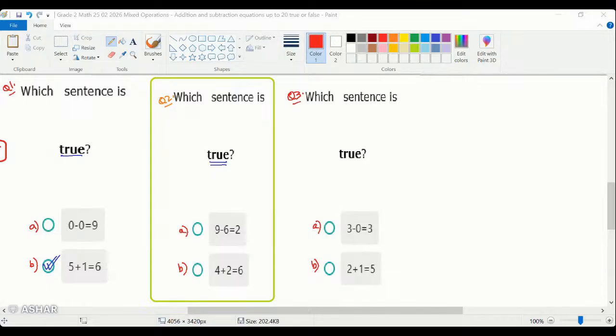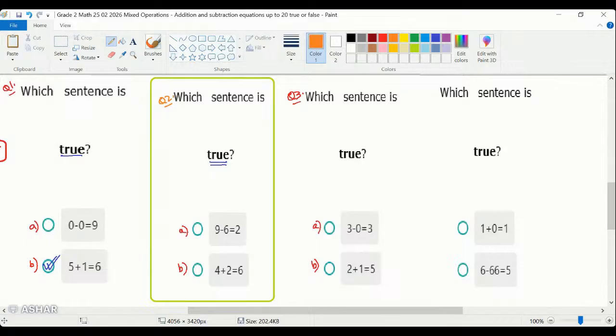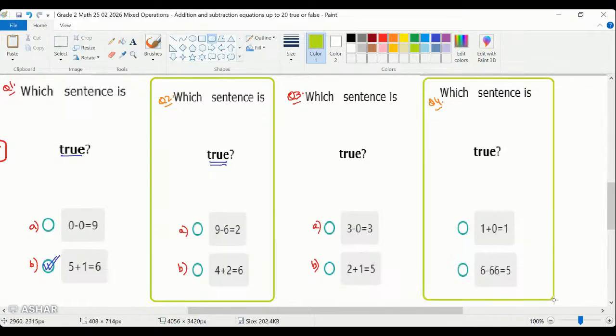No, they do not have anything for false statements. I'm waiting for question number 2 answer. Yes, thank you. We know that 9 minus 6 is not equals to 2, but 4 plus 2 would be equals to 6. Option number B.